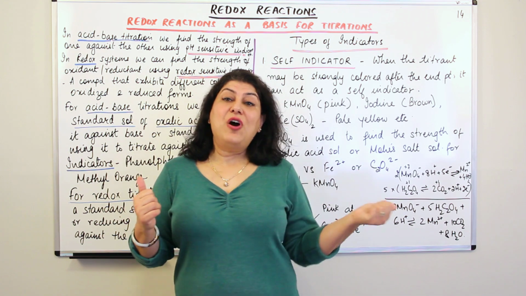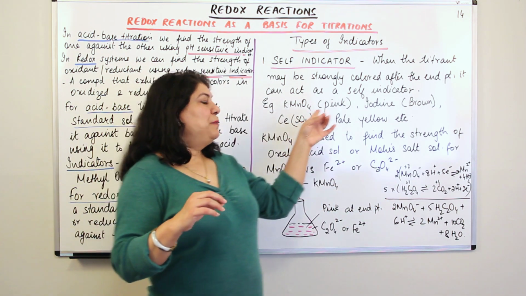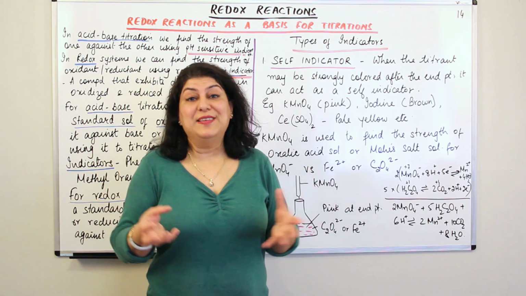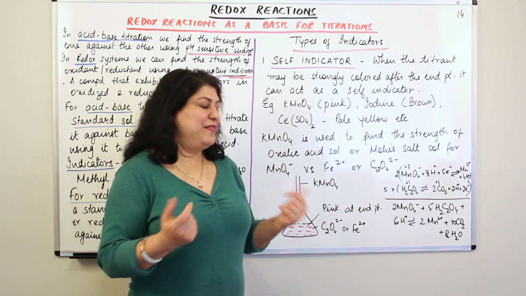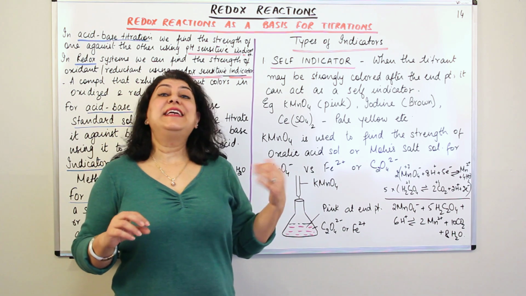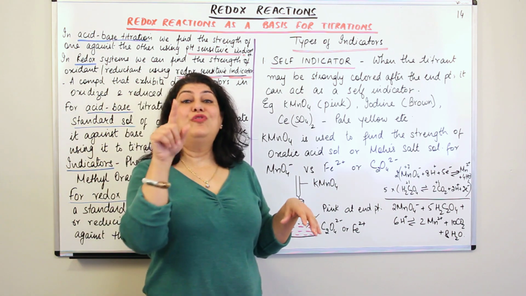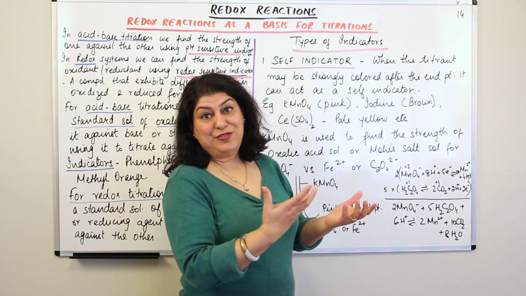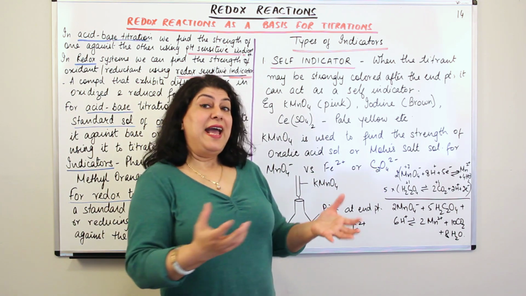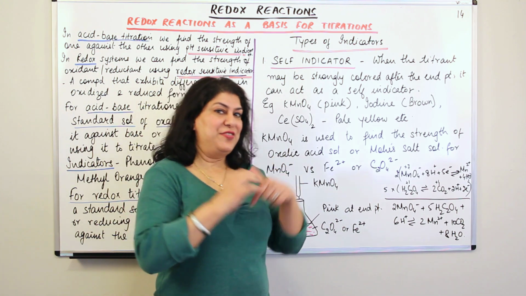In the case of redox titration, let us say that potassium permanganate is usually the colored substance that acts as a self-indicator, and it is an oxidizing agent. It has O4, it has 4 oxygens, therefore it has a lot of oxygen to give, so it is an oxidizing agent, and an oxidizing agent itself gets reduced.